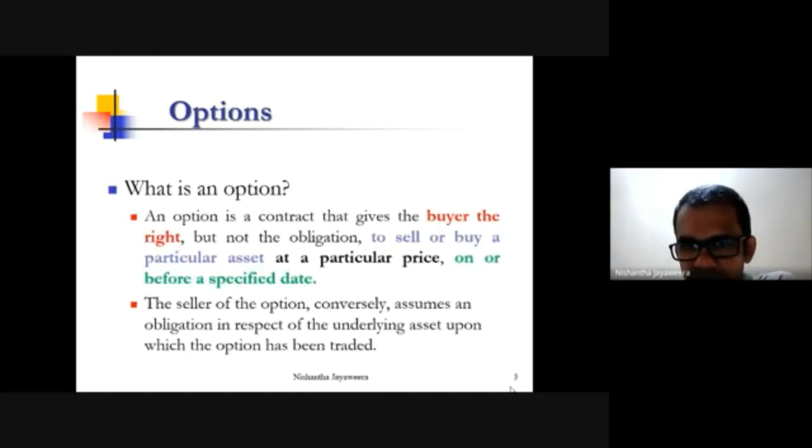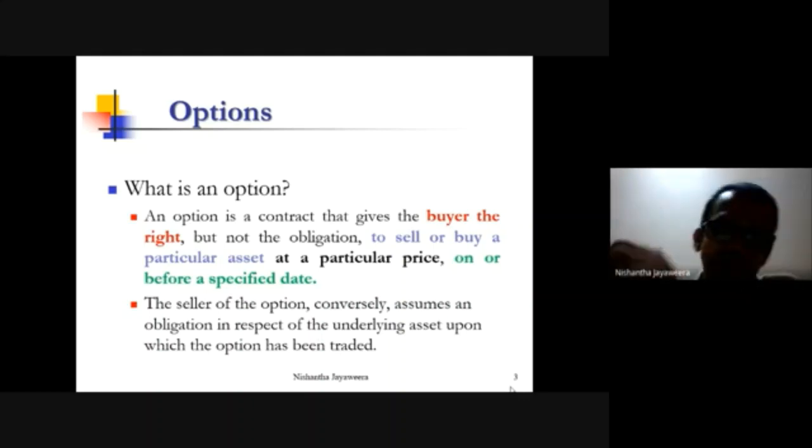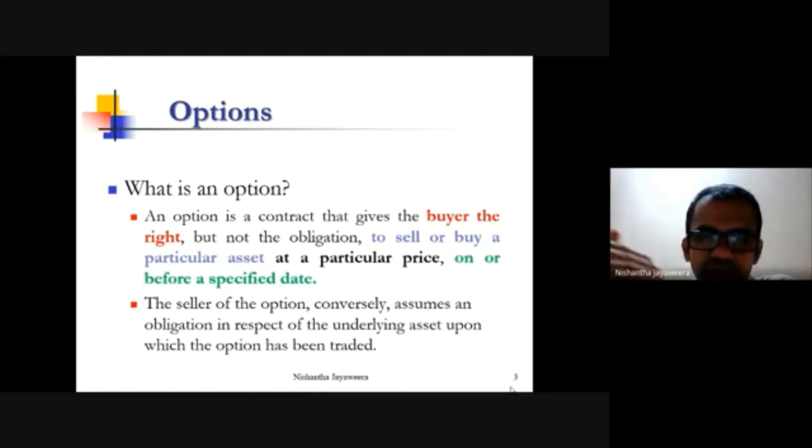Basically, now you may have to change your mind slightly. In a forward or a future, when you enter into a transaction to buy something or to sell something, the buyer buys the underlying, the seller sells the underlying. That's the contract in a forward market or a futures market.